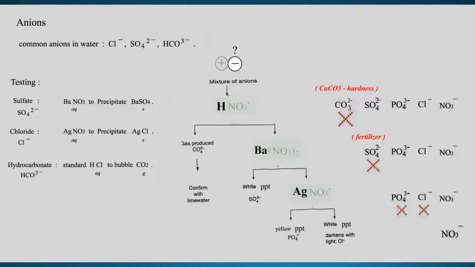Sulfate. This is what we always test in fertilizer concentration because plants need sulfate, and that's one important component in fertilizer. We test by precipitating with soluble barium.